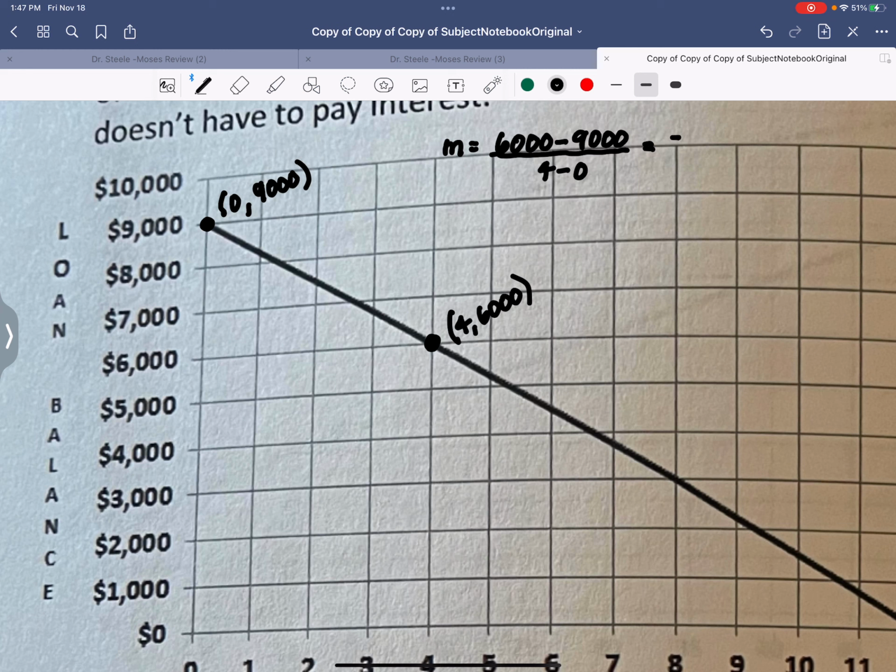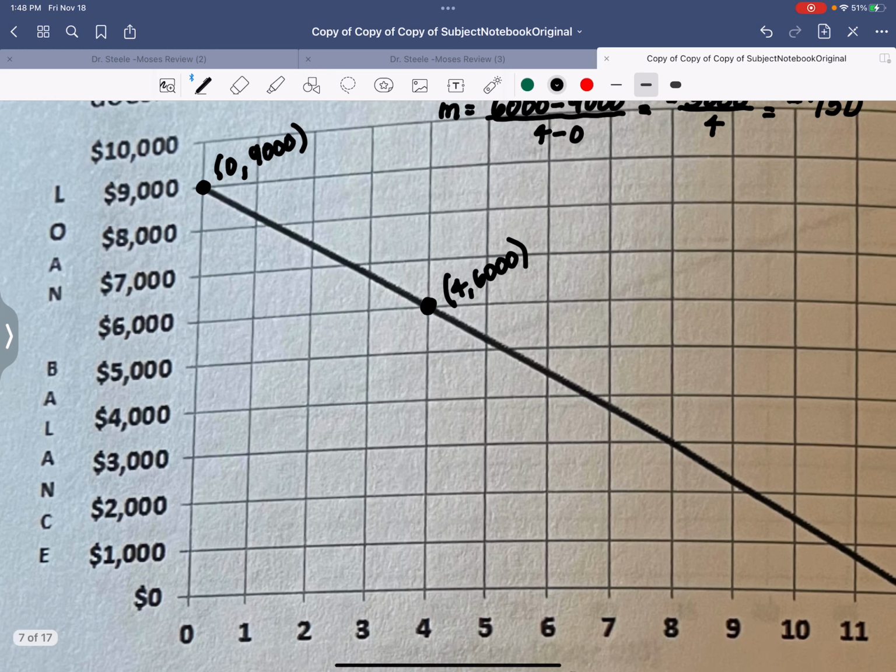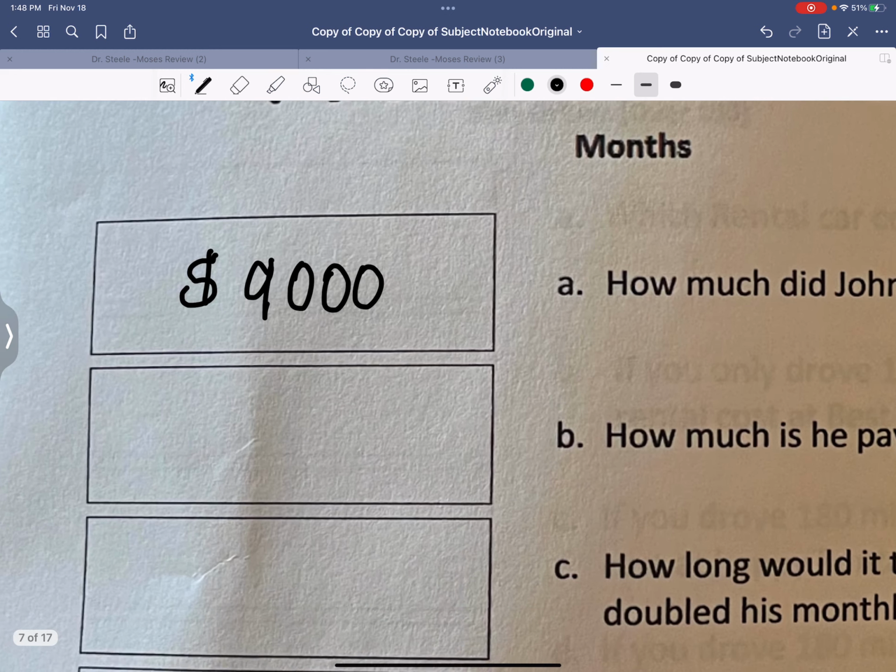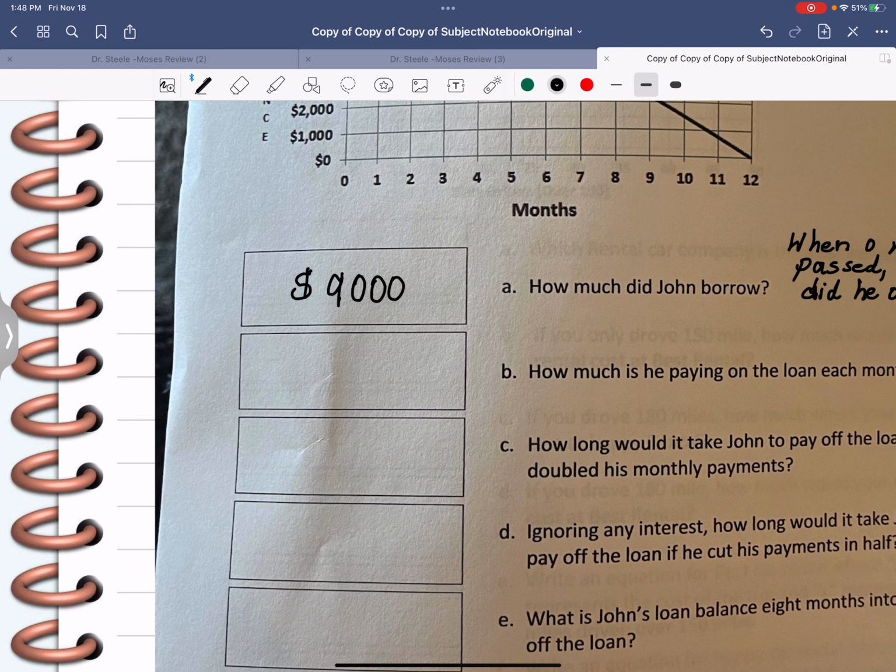And that is negative 3,000 over 4, or negative 750. That means that $750 a month is coming out of John's bank account. That is consistent with this negative slope. So how much is he paying each month? He's paying $750.